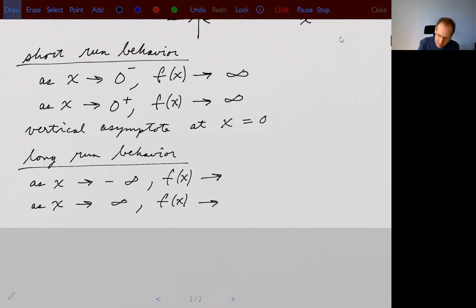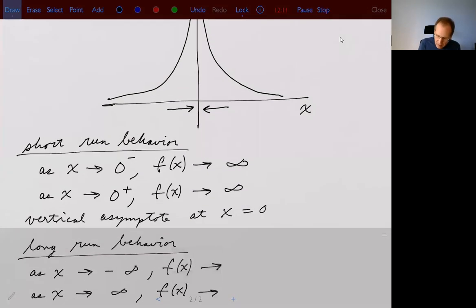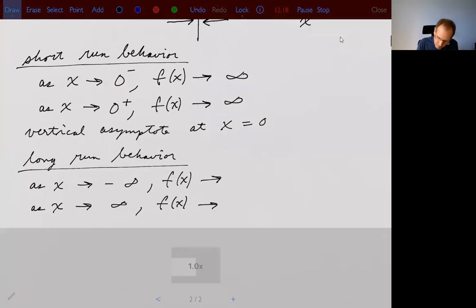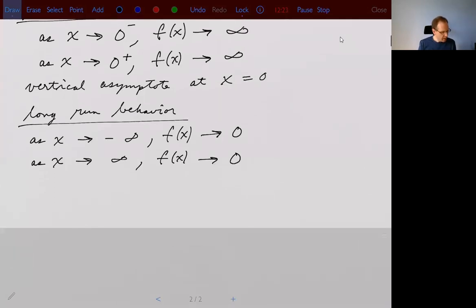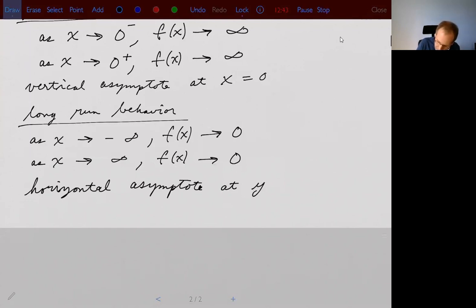Well, in this case, if you look carefully at this, the function is again approaching 0, 0 from above, but it's still approaching 0. So what does that mean in terms of asymptotes? Well, it means we have a horizontal asymptote at y equals 0, or f of x equals 0. I'll just say y equals 0.